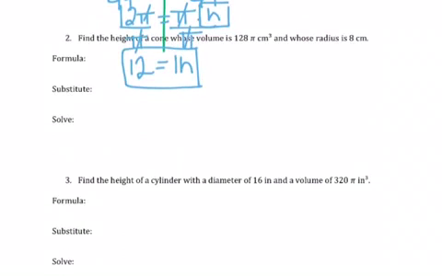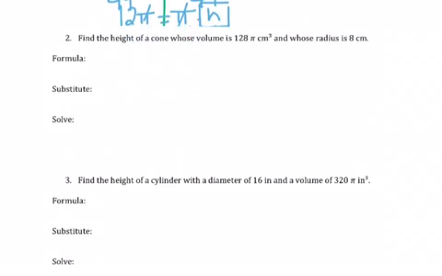We're going to do the same thing, but this time we're dealing with a cone. I'm going to erase this just so I can read the question. It says find the height of a cone whose volume is 288 pi and the radius is 8.